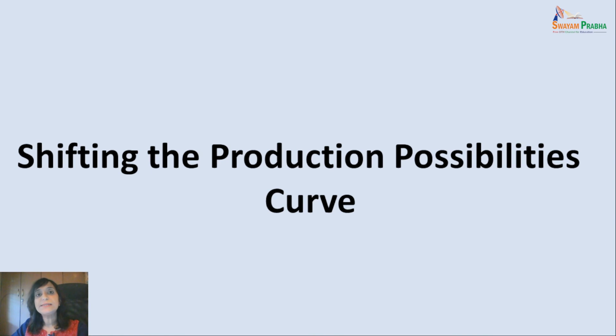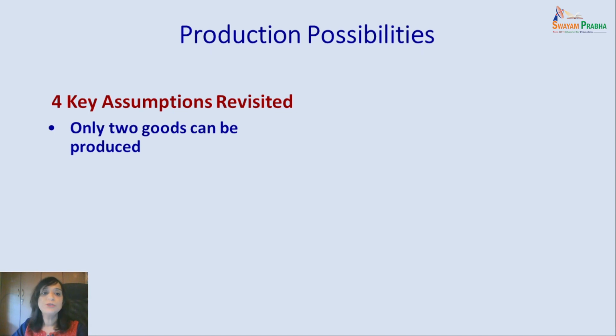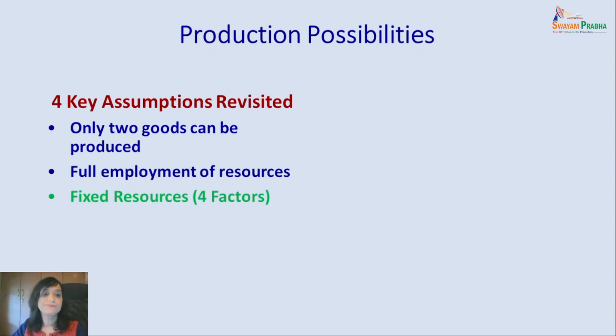Now, let us quickly see whether the production possibility curve shifts or it remains the same. If it shifts, what makes it shift? We have talked about 4 types of assumptions when we started the concept of PPC. What were they? Only 2 goods can be produced. All resources are fully employed.